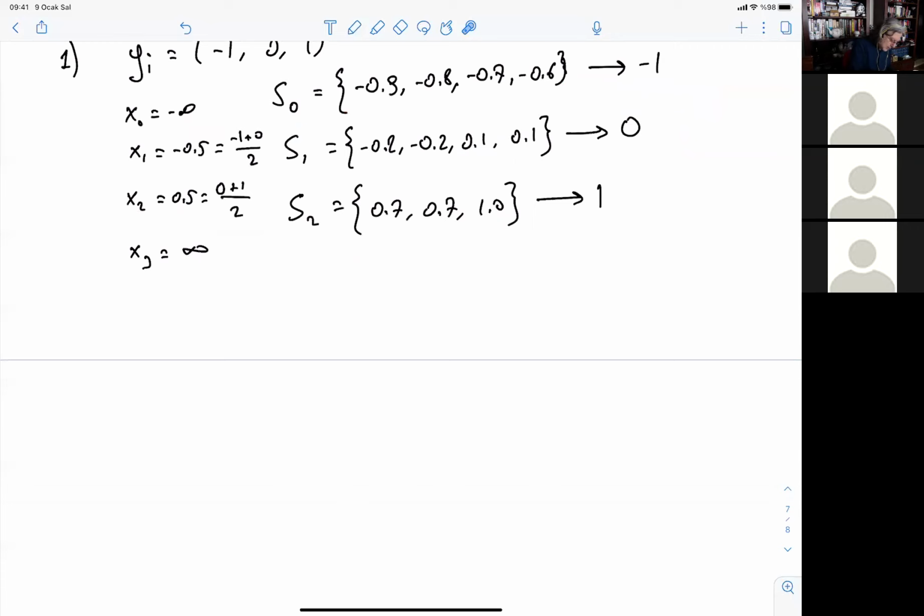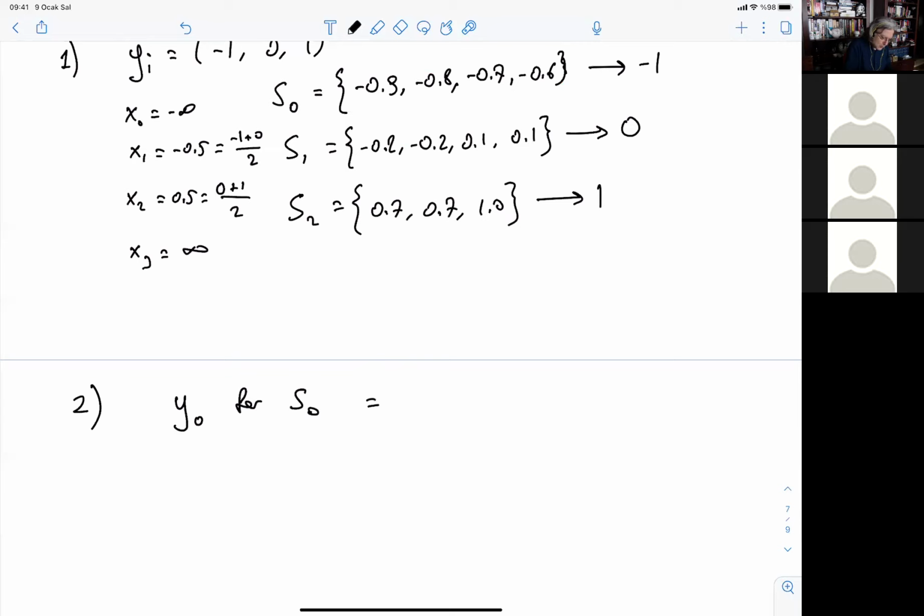And then at step 2, you do something else. Since we made these clusters S0, S1, and S2, now we have to find the centroids of those clusters. So what is, for example, Y0 for S0?